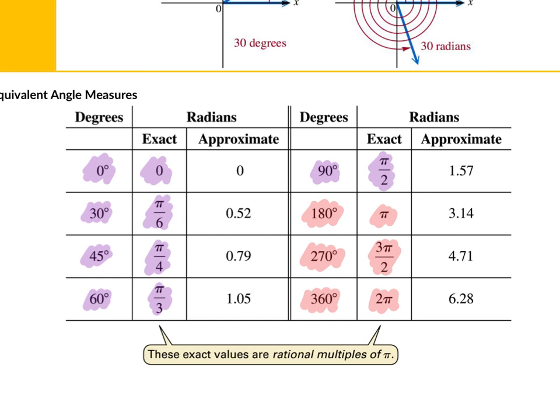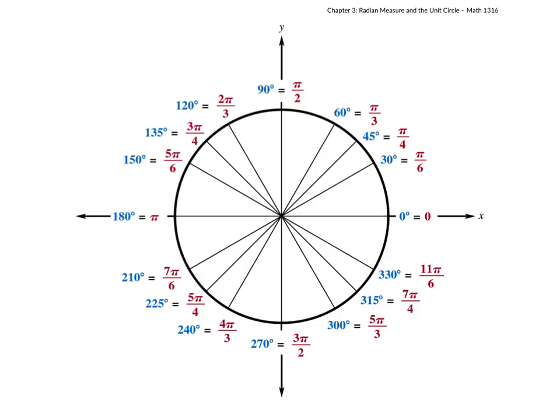Now, of course, those are not the only angles that we're going to be working with in radians. If you look at the next page, we're also going to be working with all of the angles around a unit circle, around just a full revolution of a circle. In degrees, we have 30, 45, 60, and 90 from quadrant 1. But if we extend past quadrant 1, we were doing 120, 135, 150, 180, and on all the way around the circle.